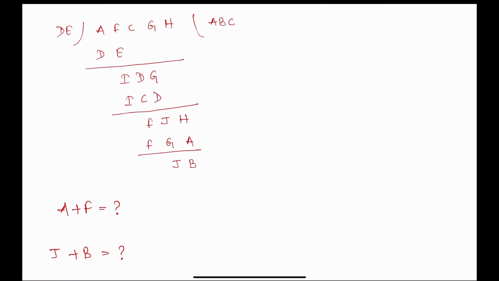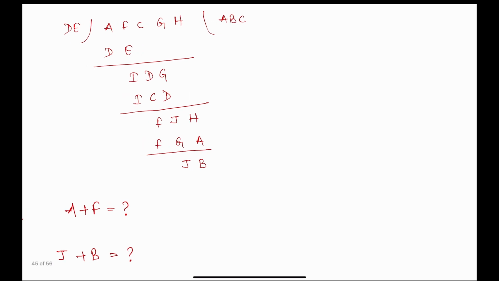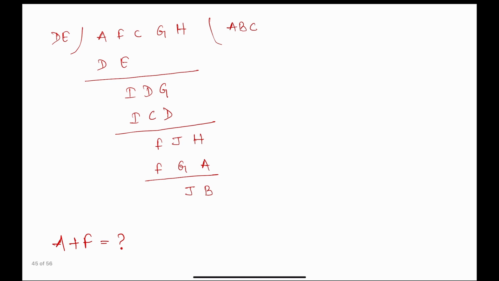So the question right now, let's understand first, is a division. This much we can say at first glance. When D is multiplied with A, we are getting DE. After the subtraction, this G part is coming over here.